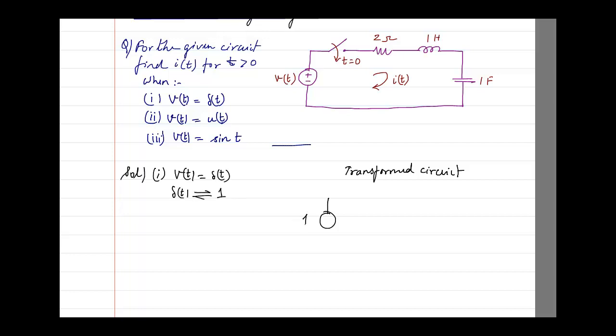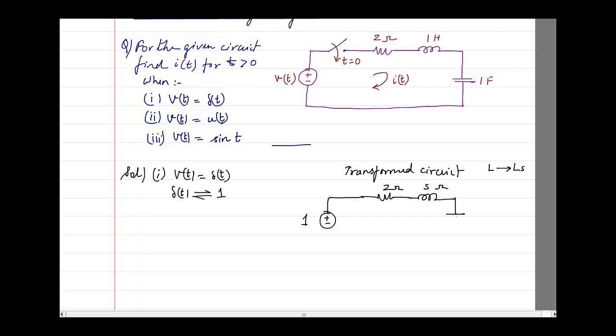So I will consider this as 1, with plus and minus, the switch is now closed, and here we have 2 ohms, then we have 1 henry. If you remember, the inductor L can be changed to Ls. Here L is equal to 1, so this will become s ohms.